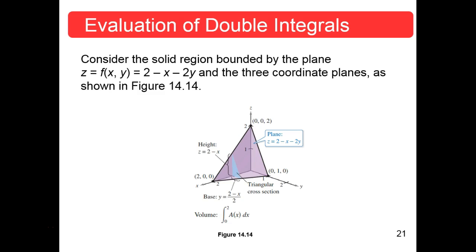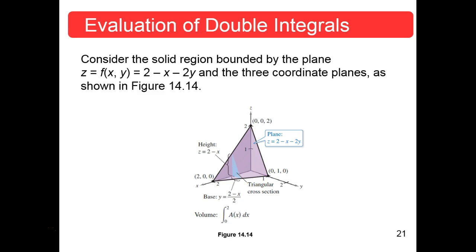Now, at that value, you're somewhere between 0 and 2 on x. This value up here is z is equal to 2. Down here, z is equal to 0. So along this line, this height here is going to be 2 minus x, because your y value is 0. So that's the height here.